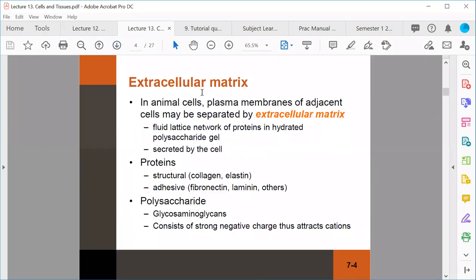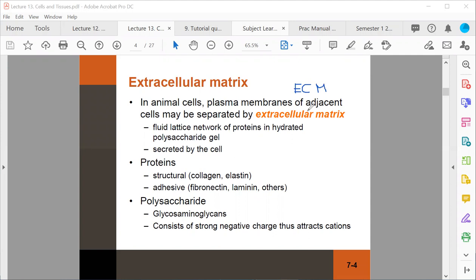All right, so we're going to start by talking about animal cells. Now, with animal cells, the plasma membranes of adjacent cells may be separated from each other by what's called an extracellular matrix, which we like to abbreviate to the ECM.